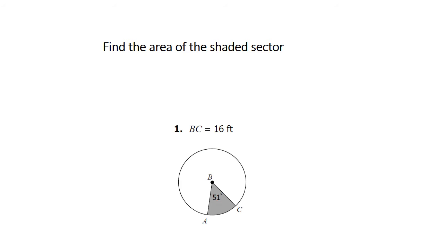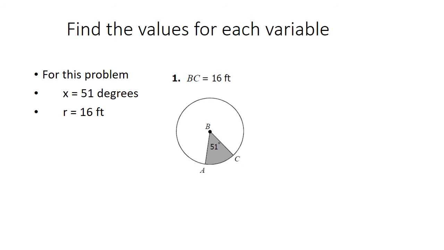So in this first problem, we see that we've got a shaded region, and the central angle is 51 degrees for that region. And BC, we can see, happens to be the radius. So that means our x is 51, our r is 16.